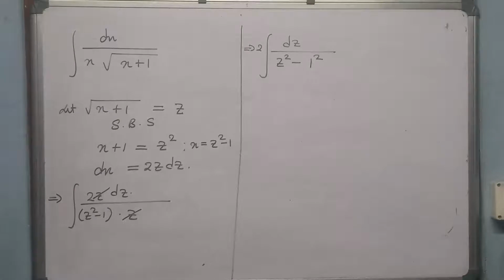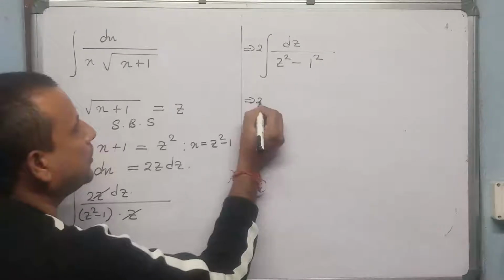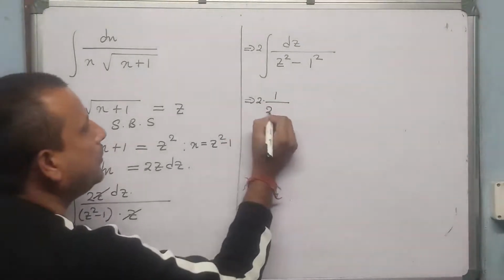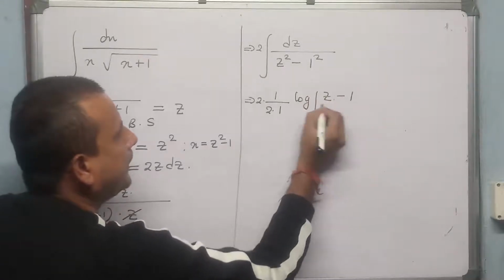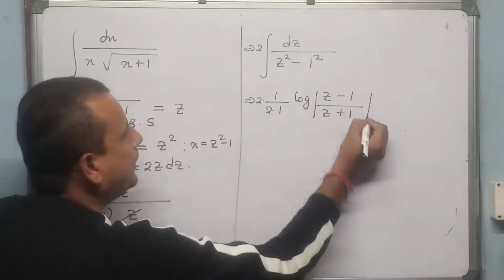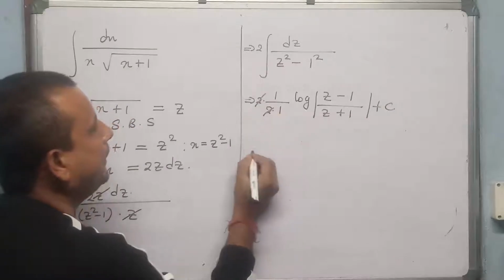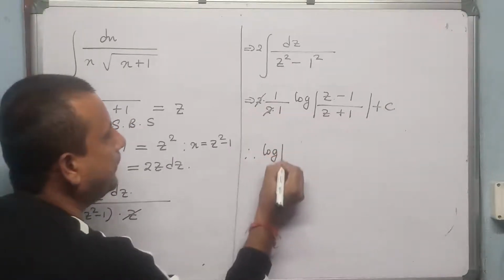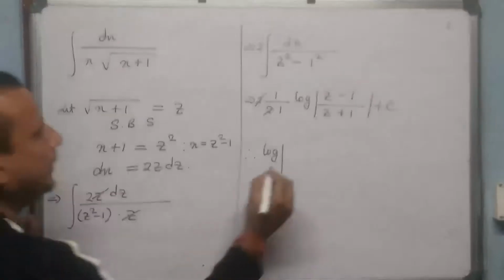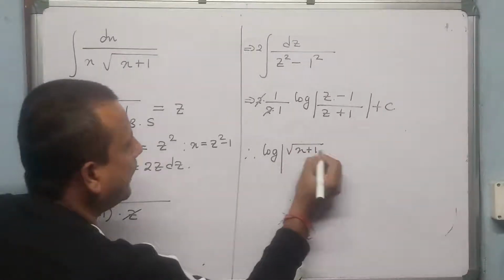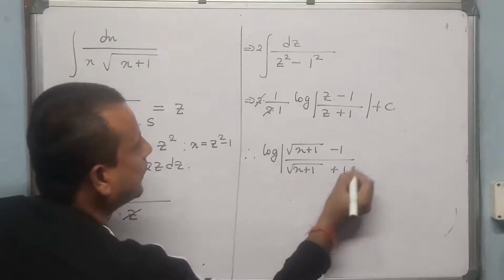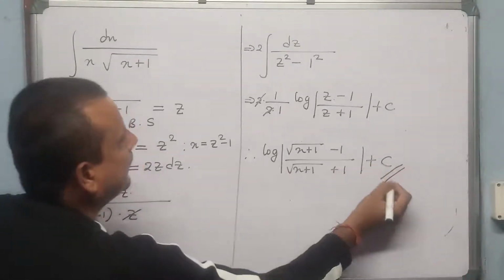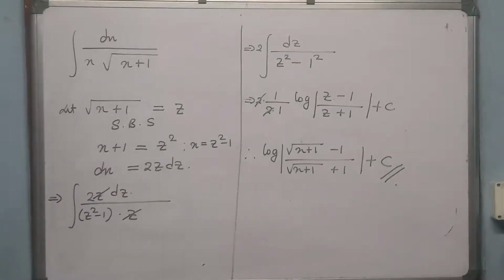Now it is in terms of the formula, x square minus a square, which is 1 by 2a log of x minus a over x plus a plus c. Therefore, substitute the value of z: z equals under root x plus 1, so the answer is log of under root x plus 1 minus 1 over under root x plus 1 plus 1, plus c. This is the required answer.